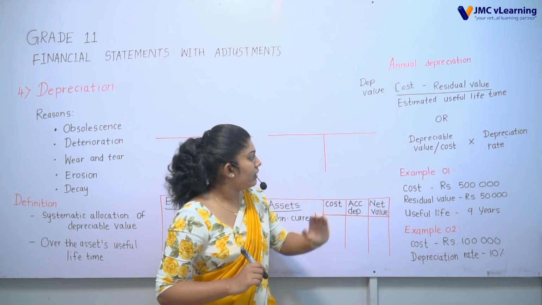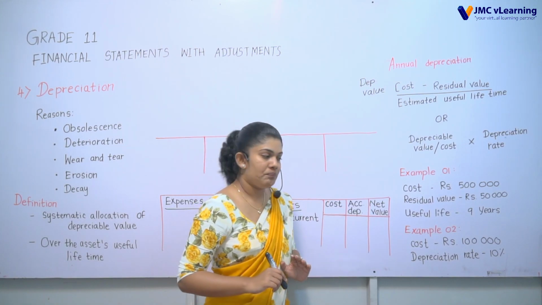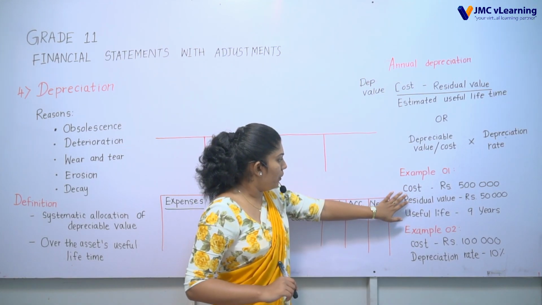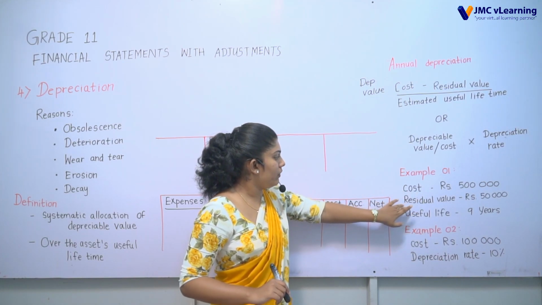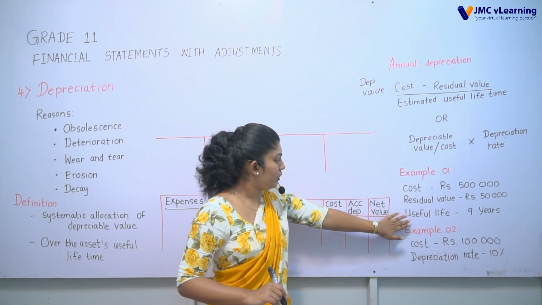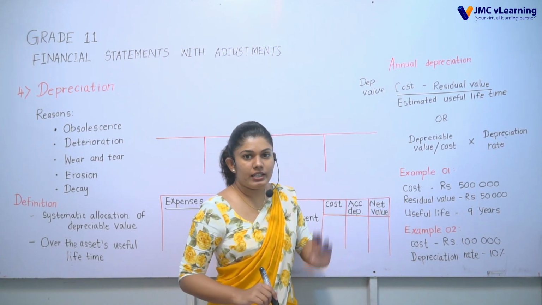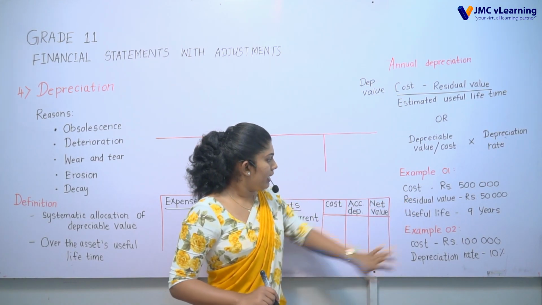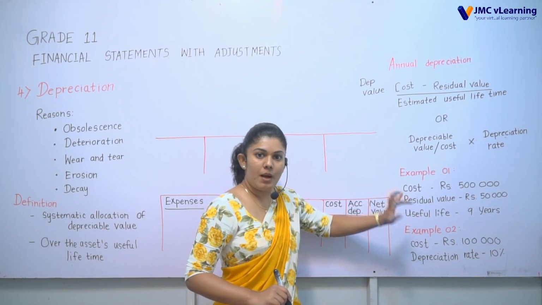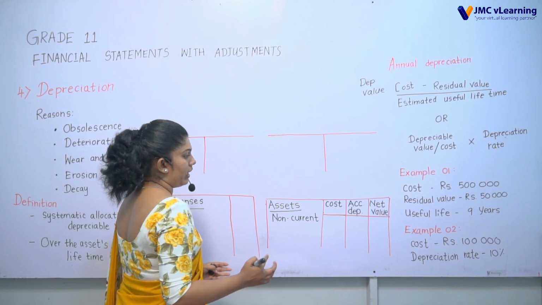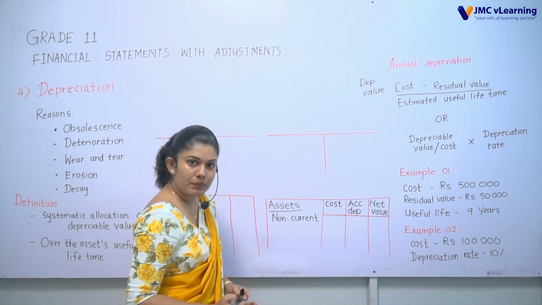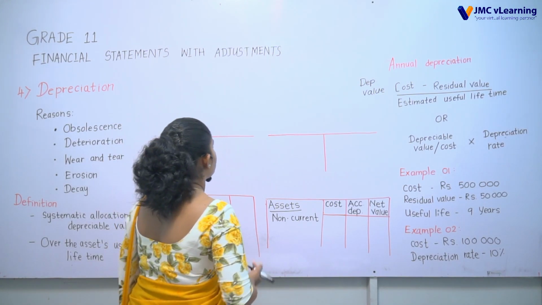Now let's see this using an example. Here I have given you cost 500,000, residual value 50,000, useful life 9 years. We'll assume this is a machinery, a machine. So first we have to calculate annual depreciation. Let's see how it's done.